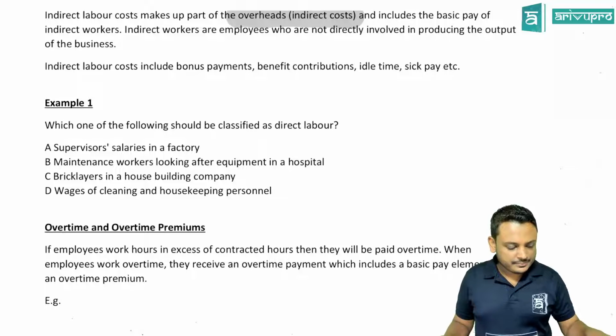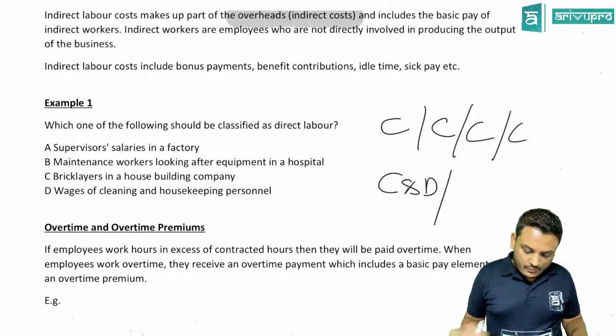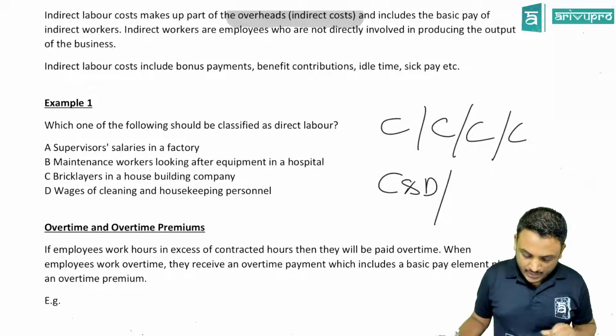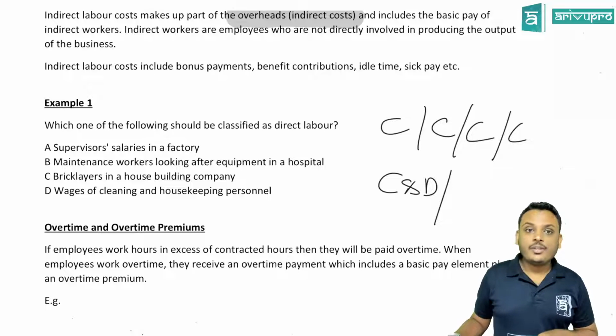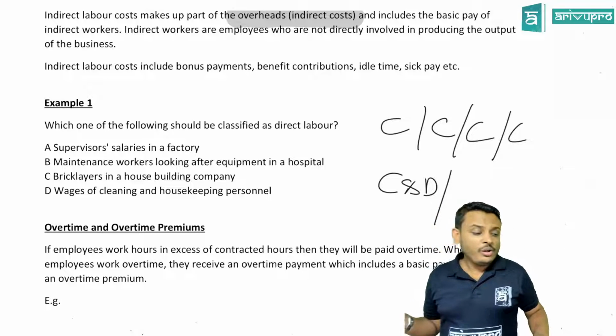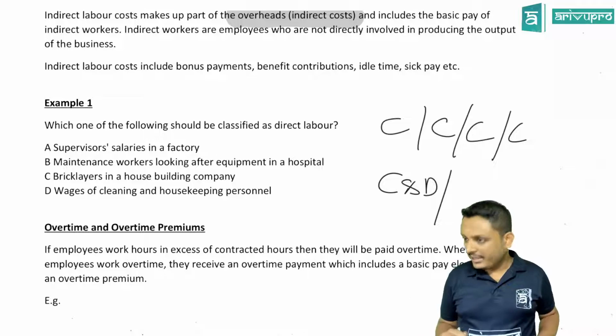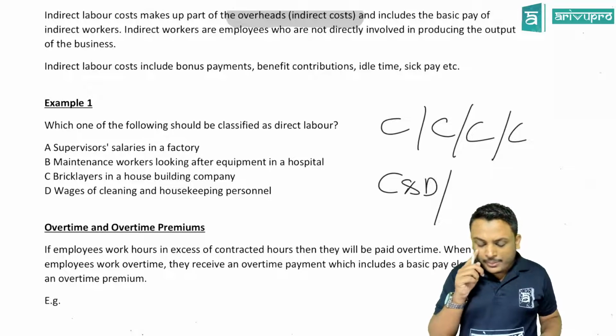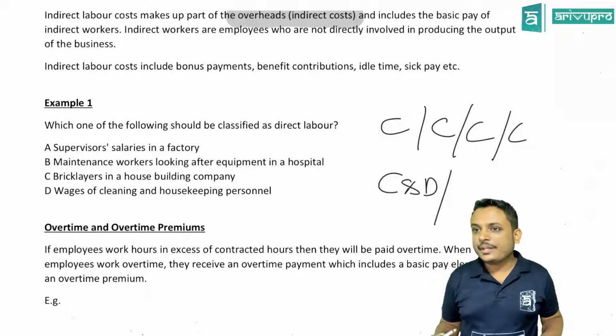Which of the following should be classified as direct labor? Supervisor's salary in a factory? Indirect labor, and it goes to production overhead. Maintenance workers looking after the equipment in a hospital?